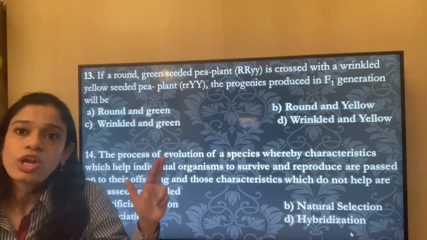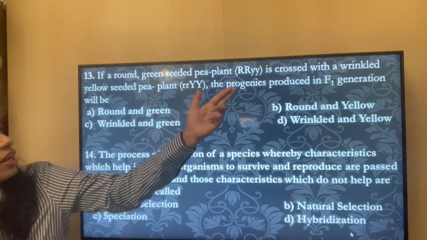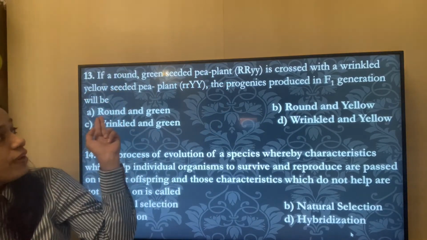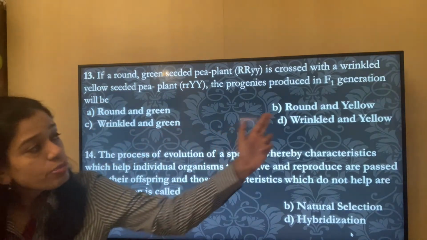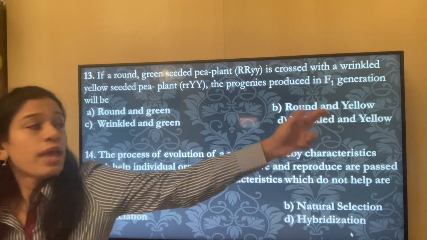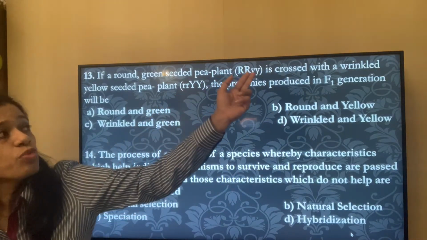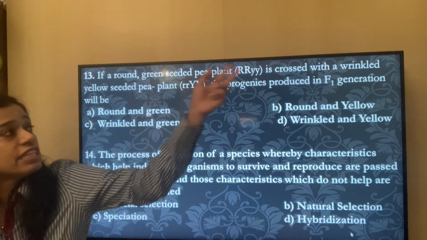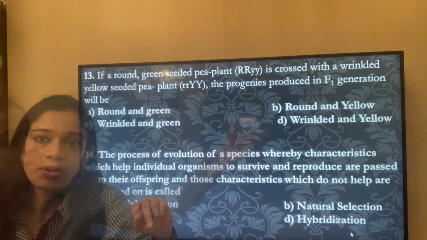So all will be round, and capital Y means yellow, so all will be round and yellow. Green means small y, a recessive trait, and it cannot express because we already have capital Y.